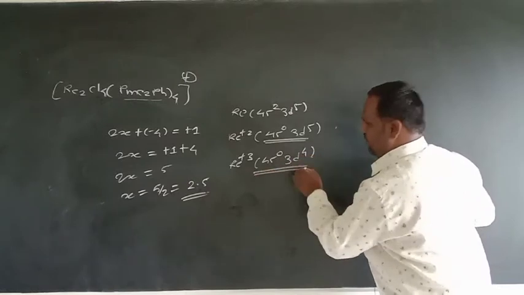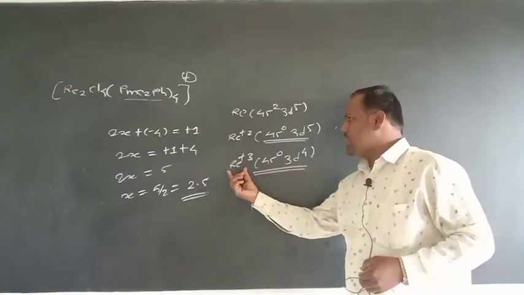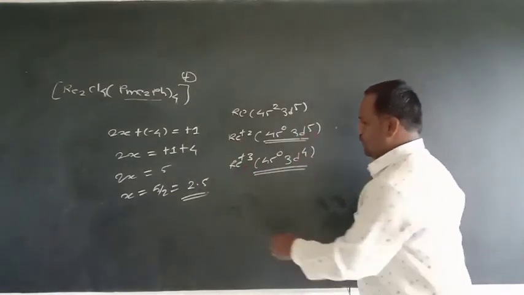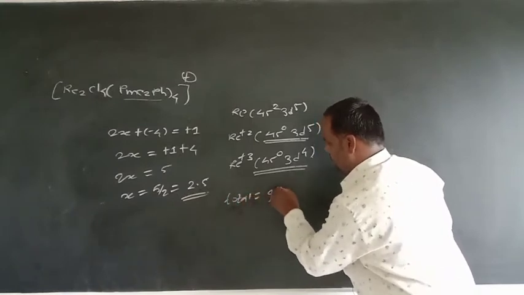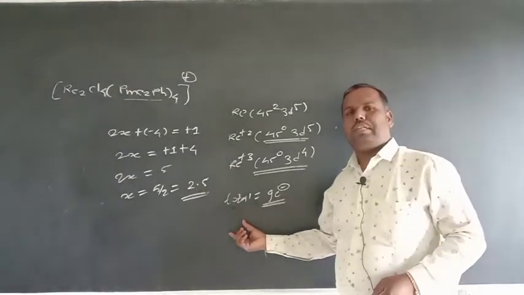So one rhenium is in +2 and another rhenium is in +3 oxidation state. So total 5 plus 4, a total of 9 electrons are available to form a metal-metal bond.